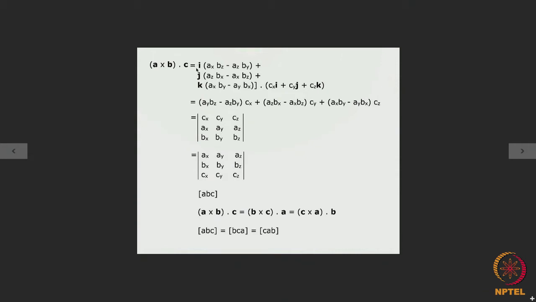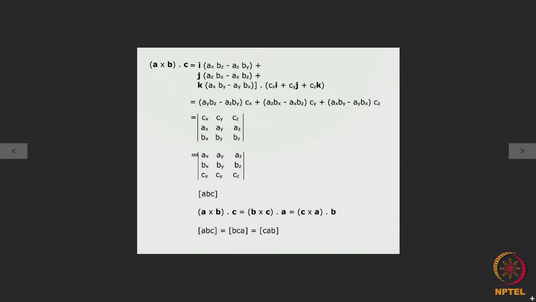Again, we resolve the vectors a, b, c into their components and write it as a dot product, and this is what it comes out to be: ay bz minus az by cx plus az bx minus ax bz cy plus ax by minus ay bx cz, and we can write it down in the determinant form.